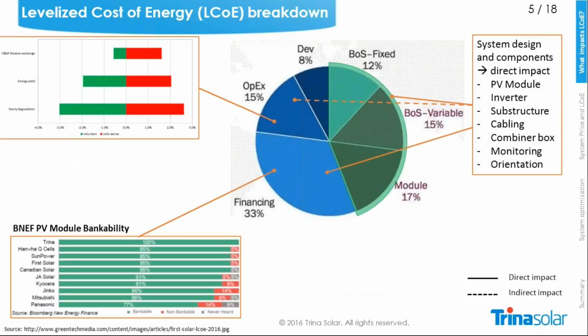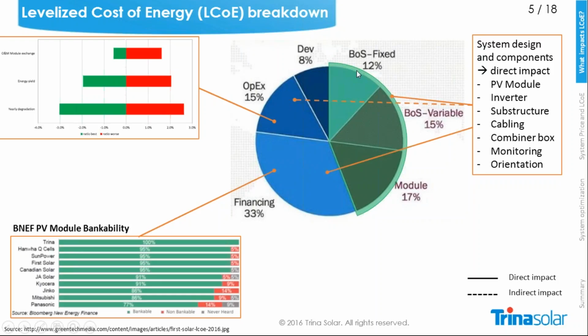What else is impacting it? If we look a little deeper at the breakdown, here is the green part, the capex of the system. The system depends on the module you select, the inverter for sure, the substructure, and the design: whether you go south, east-west, tracker, or a facade, for example, then combiner boxes and so on.